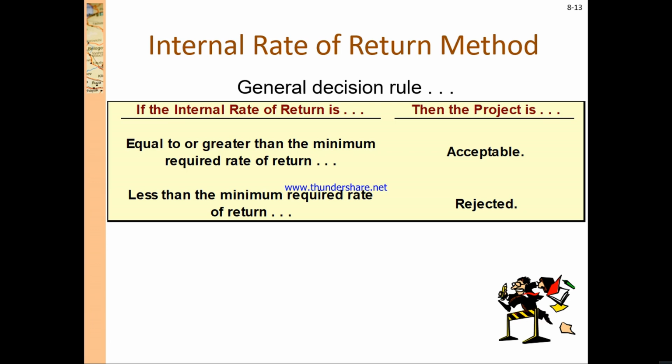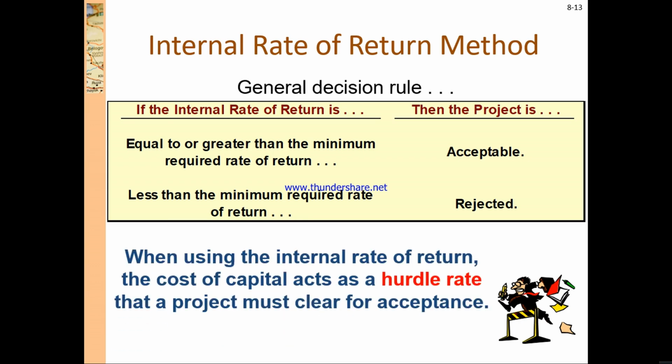In case of less than the minimum required rate of return, then the project will be rejected. So, when using the internal rate of return, the cost of capital acts as a hurdle rate, that means a barrier rate that a project must clear for acceptance.